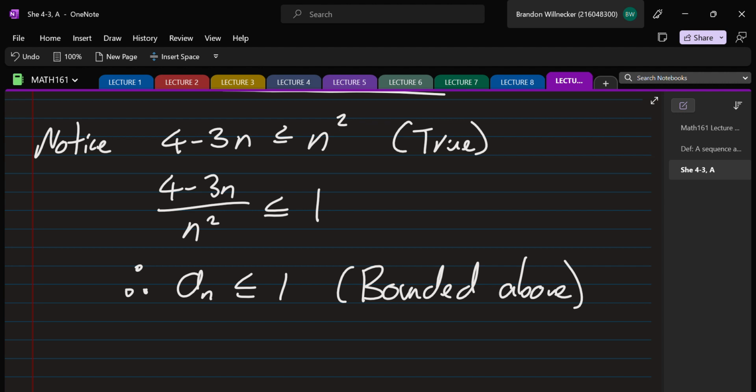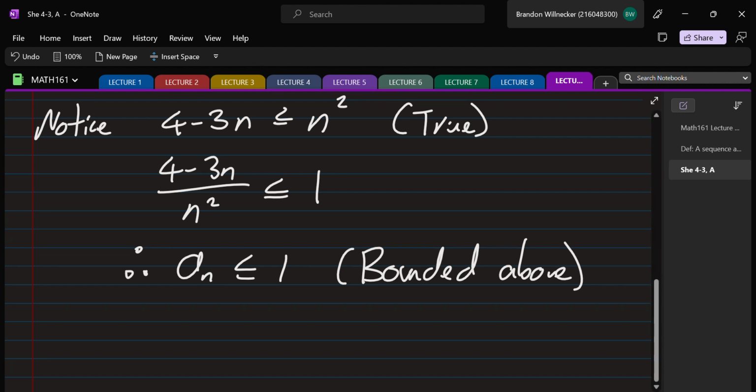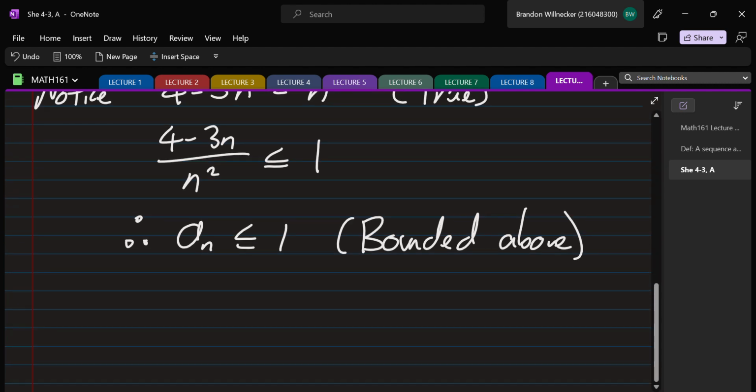Okay, what about bounded below? This is also bounded below, so we can do that. Again, notice that n squared is always bigger than or equal to n. That's quite obvious. If you substitute 1, they're equal. If you substitute 2, we have 4 bigger than or equal to 2. Anything else on the left-hand side will be bigger.